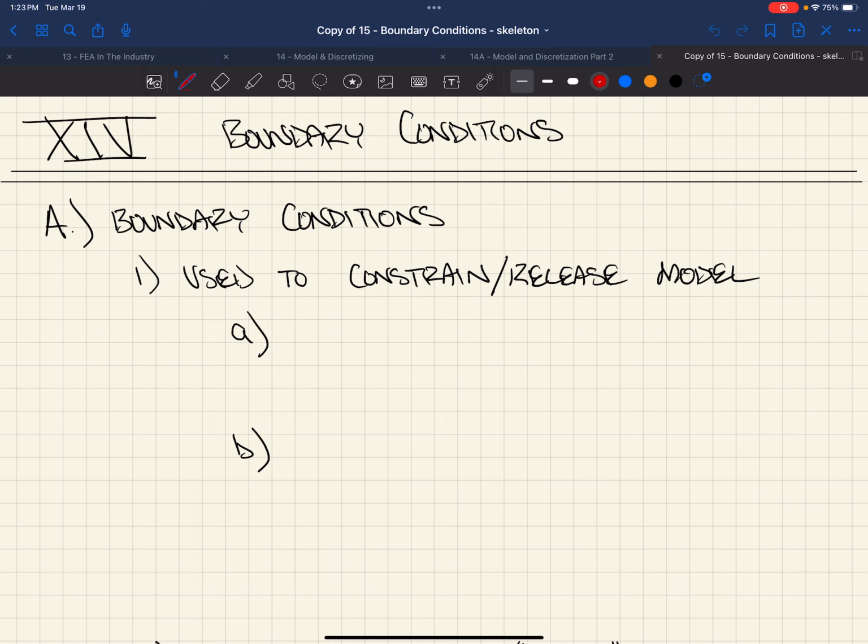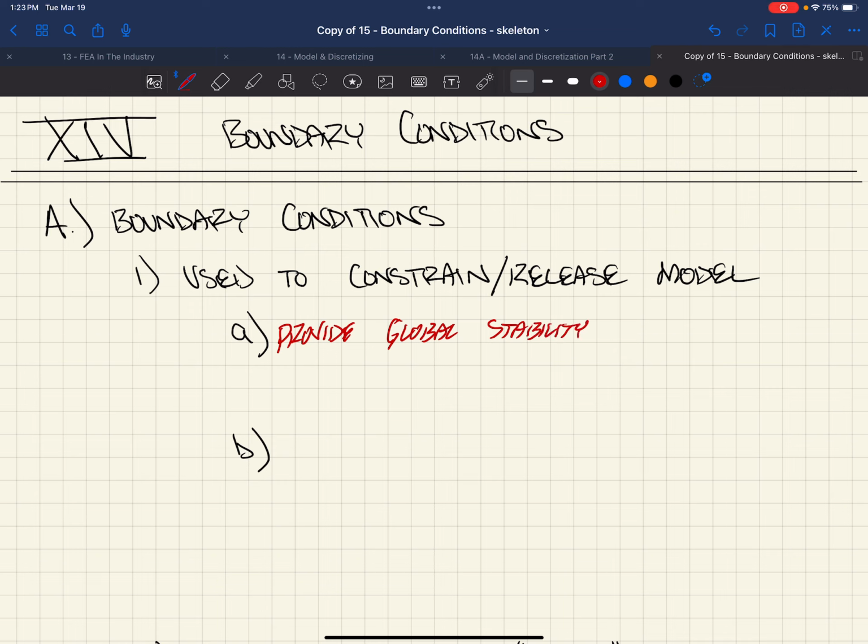And so we want to make sure that we capture what's going on, and that we capture those failure modes when we're modeling, and we capture the real behavior. And so it's used to constrain or release the model. Our boundary conditions are really to provide global stability, right?